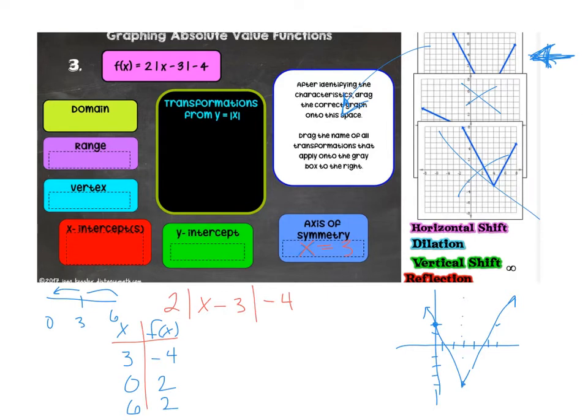The y-intercept looks like it's at 0, 2. X-intercept, hard for me to tell from this graph, but I'm going to guess it's here at 1, 0.